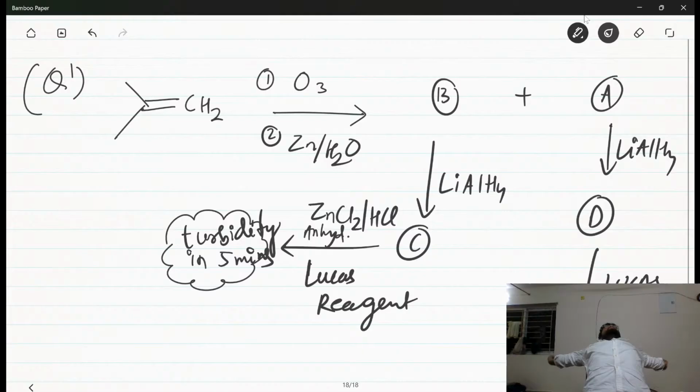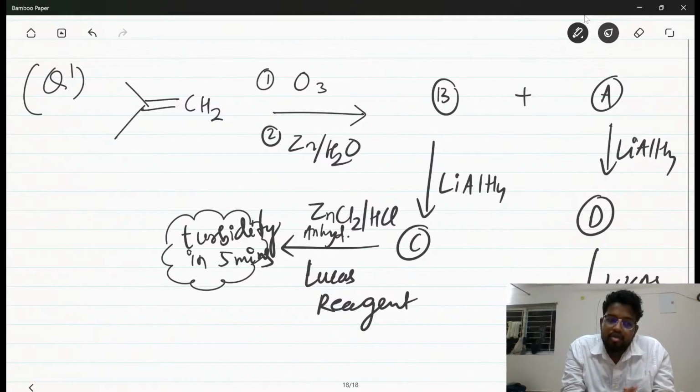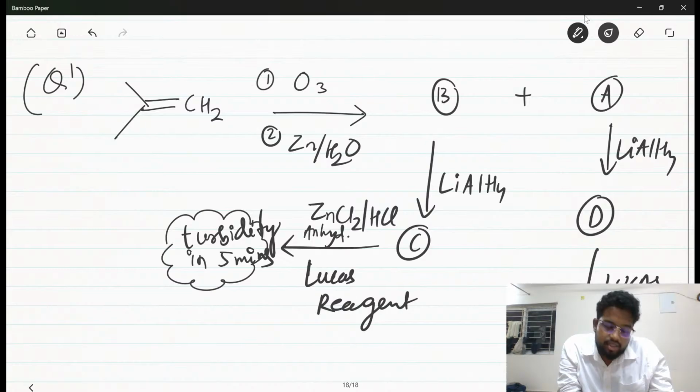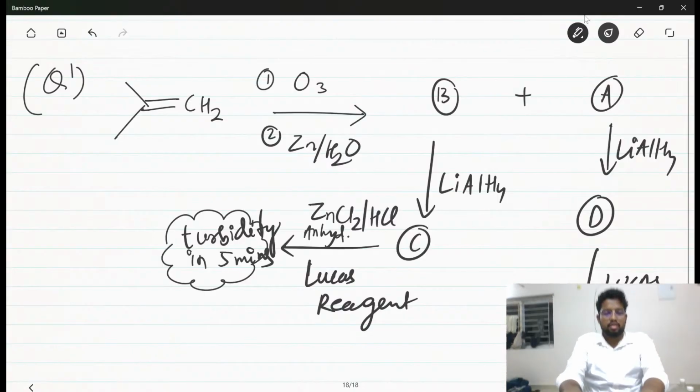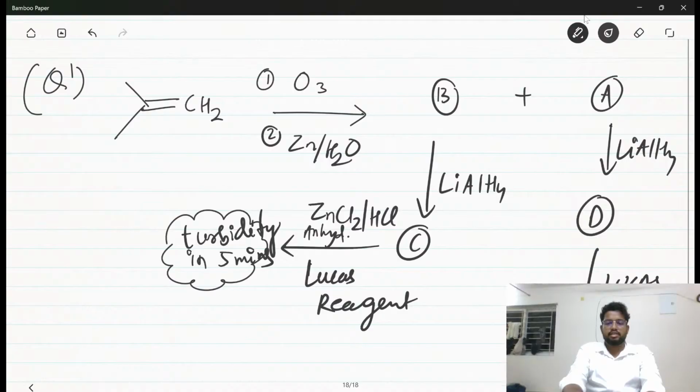You have different types of alcohols. 1 degree alcohol gives the Lucas reagent test in hours. 2 degree alcohol gives it in minutes. And what is the next thing? 3 degree alcohol gives turbidity in seconds.